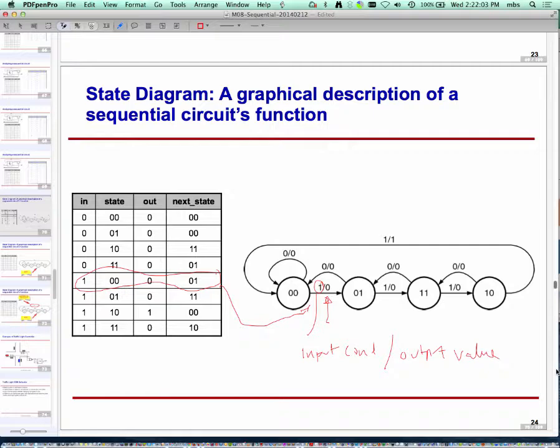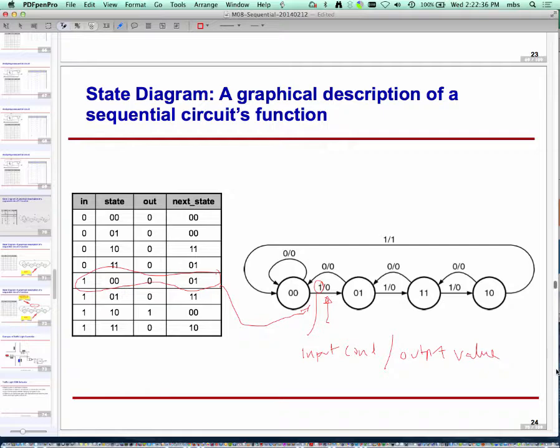Now, how many different edges can I have out of a node in something like this? As many as the different cases of inputs that may occur. In this particular case, I have 1 bit of input, so I really have 2 possibilities, input equal to 0 or input equal to 1. So I can have at most 2 edges going out of a state. I may have only 1 edge also, because I may not care about the input.